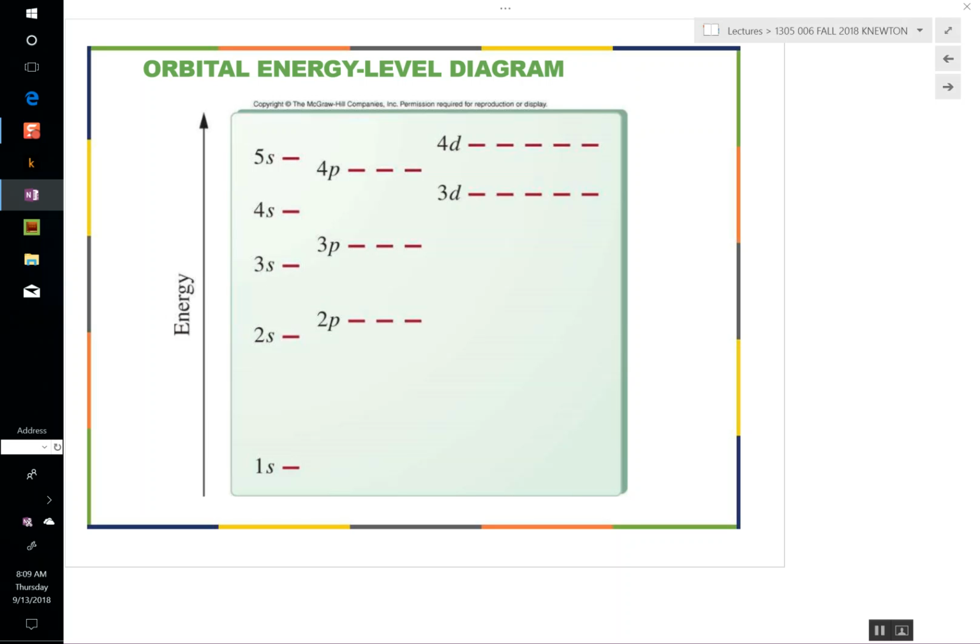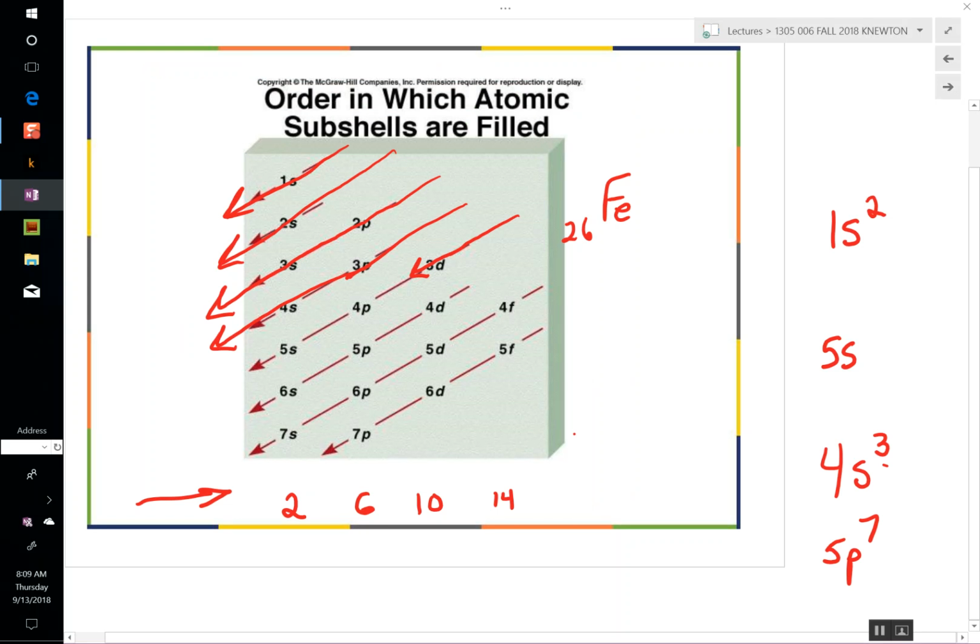So they fill lowest energy first, and then they go up from there. So to deal with this, I only went 4s, 3d, 4p, 5s, you can see they start getting all mixed up in there. Well, this unmixes them.